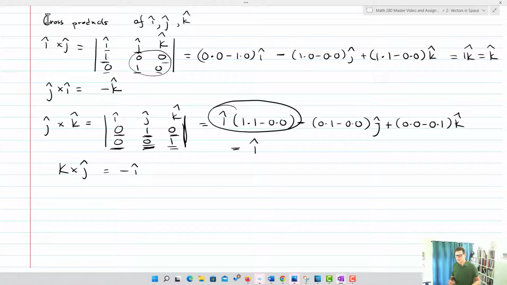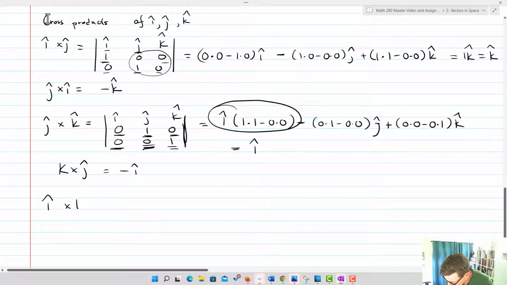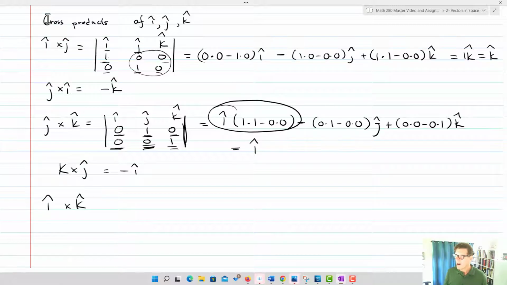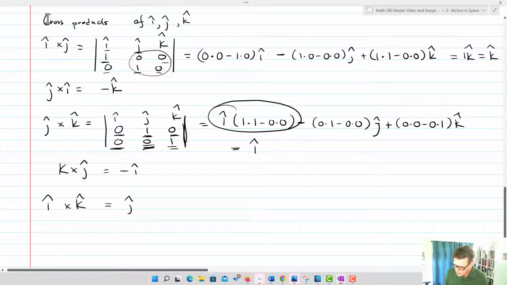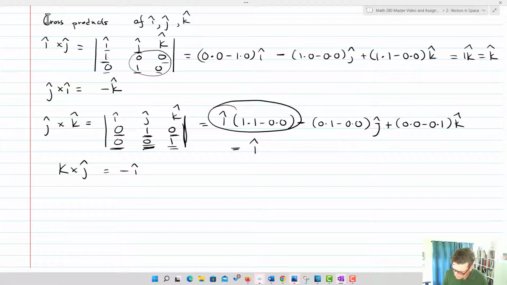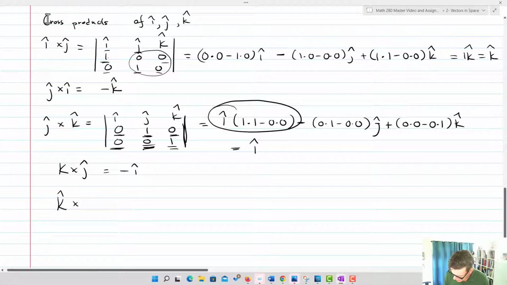I'll leave the last one for you: if I take i cross k, go and do the calculation. i cross k should equal negative j, and if I switch it around, k cross i is going to equal j.